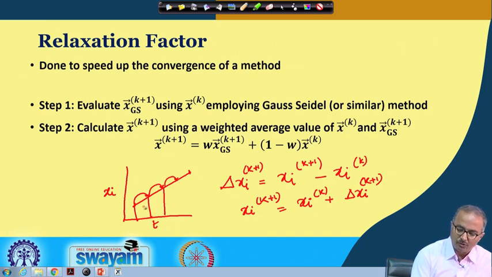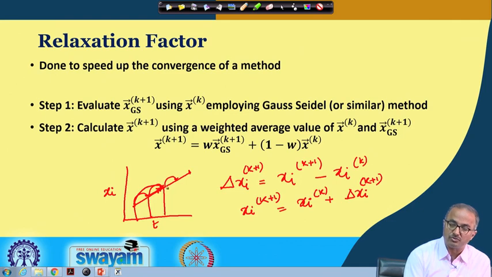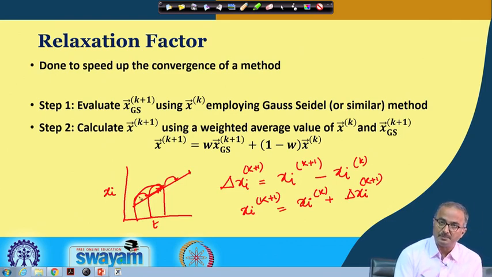Okay, but now we know that because it's almost linear, even if we go to this point, we can push this point further on this side by taking some multiplying factor, so that after the same iteration I can go directly to this instead of going from this to this. Okay. So, this is the principle.